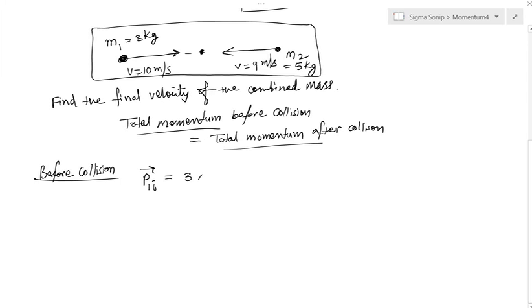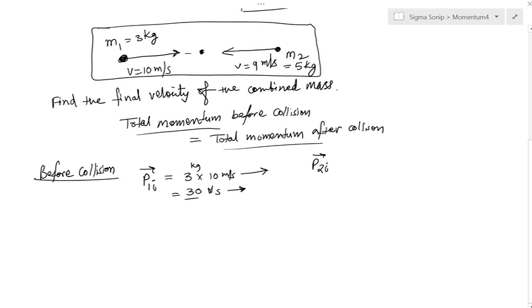So 3 kilograms times 10 meters per second, towards the right, so that becomes 30 Newton seconds towards the right. Because I'm taking the direction towards the right as my positive direction.